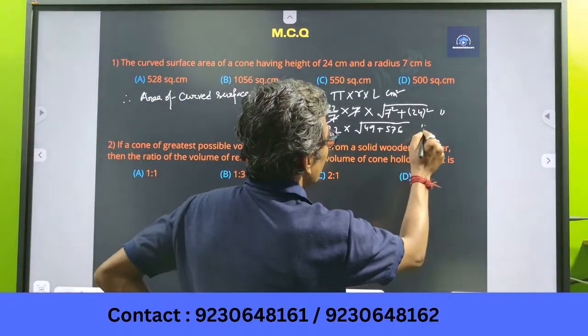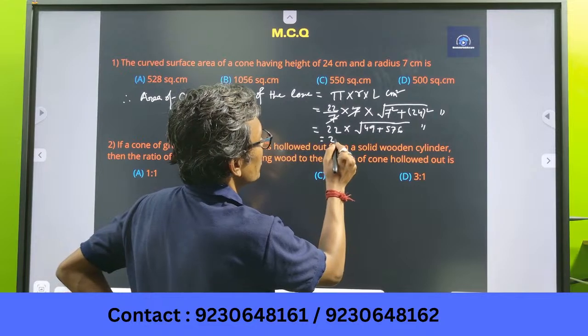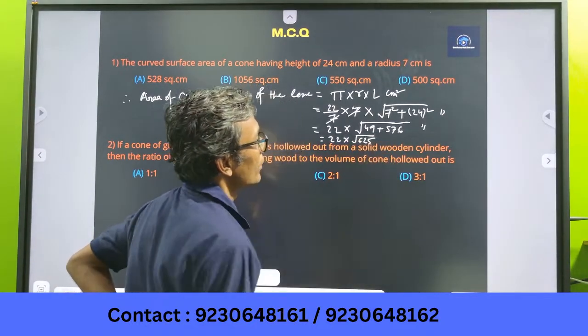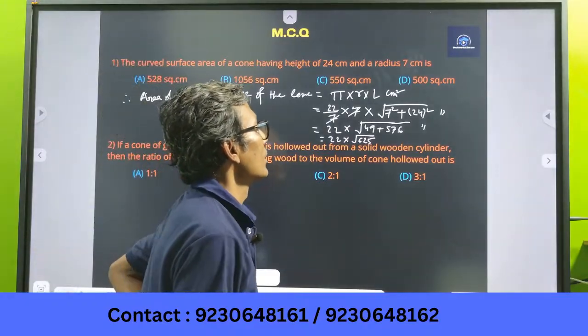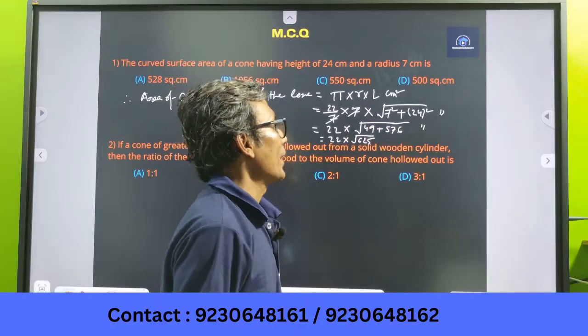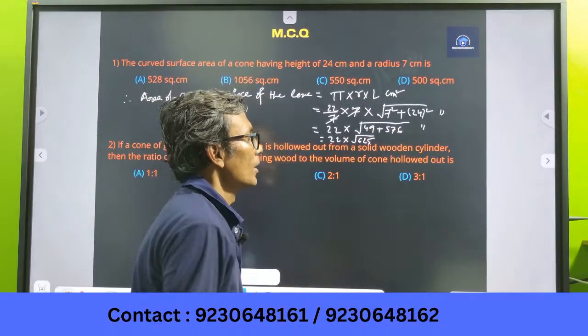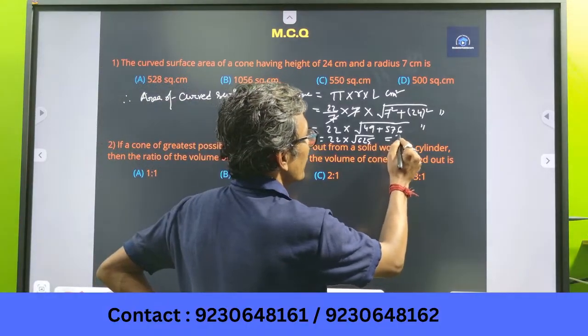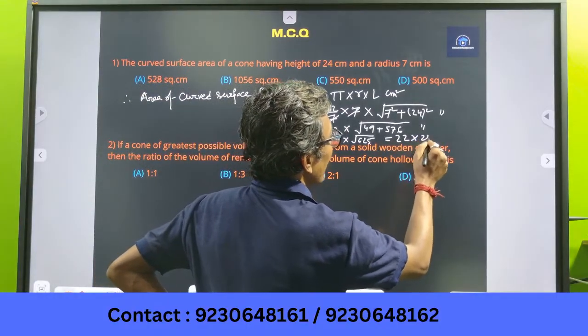So 22 into 625. If we add 49 with 576, the result is 625. So square root of 625 is 25.